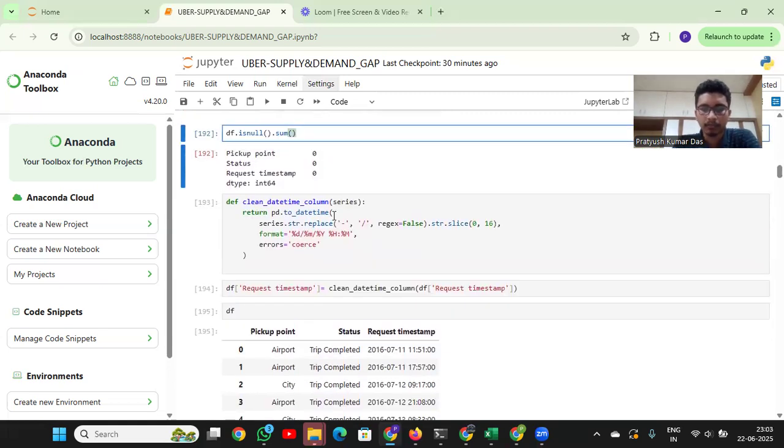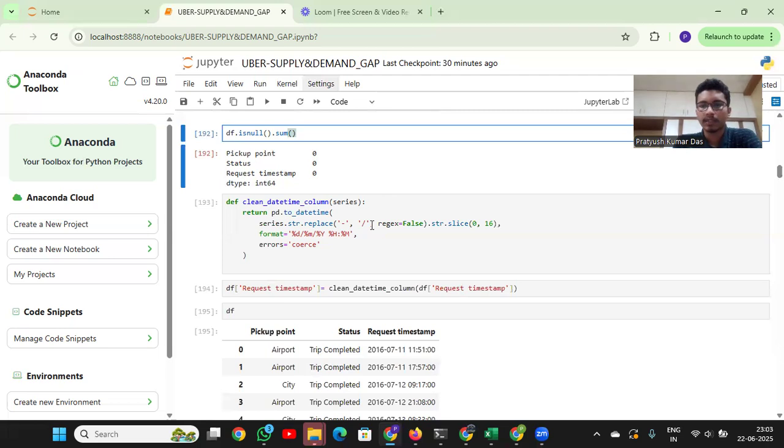Coming to the next most important part, we want to parse the request timestamp into a datetime object so that we can extract the hour and the day and many such important aspects from it. So we created a function called clean datetime column.